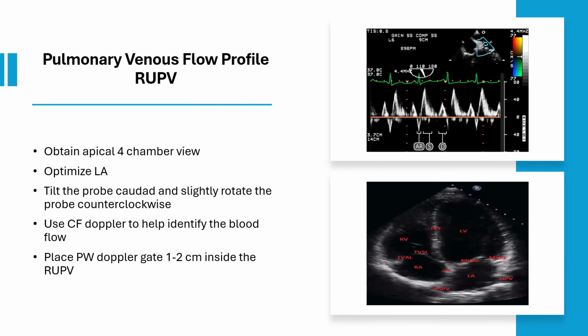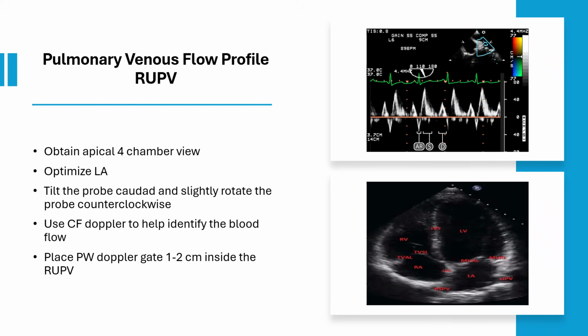Finally, we discuss the pulmonary venous flow profile and its role in assessing the left ventricular diastolic function. Pulmonary veins are sometimes quite difficult to visualize with transthoracic echo, and the right upper pulmonary vein is typically the easiest one to image.